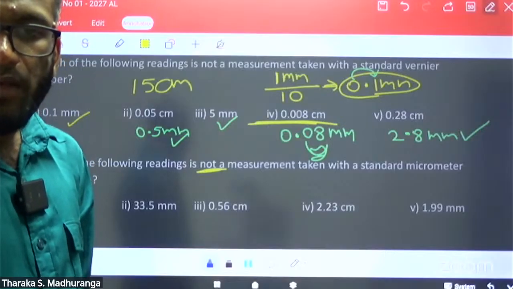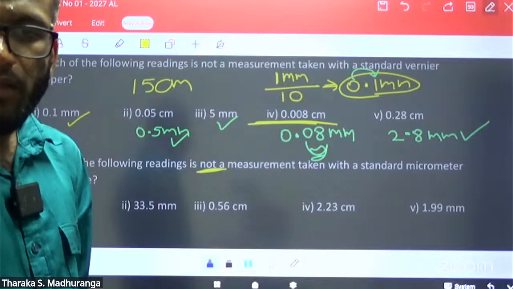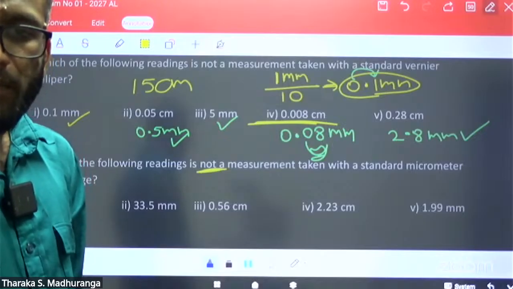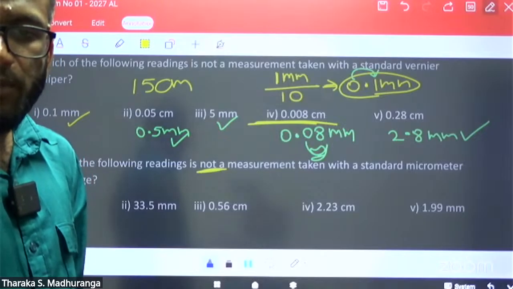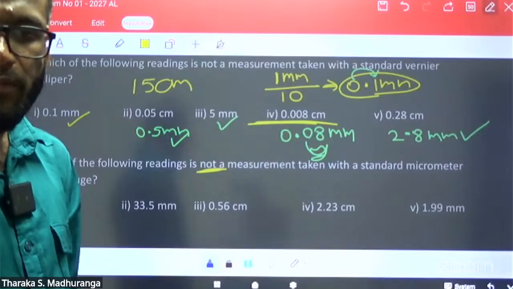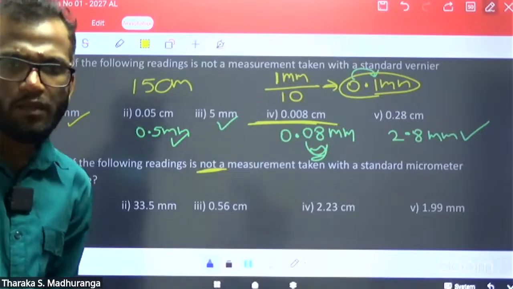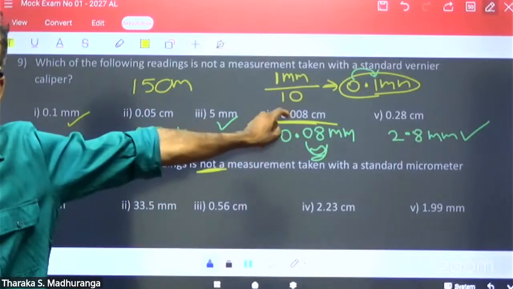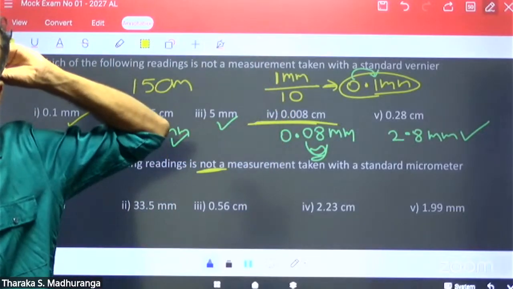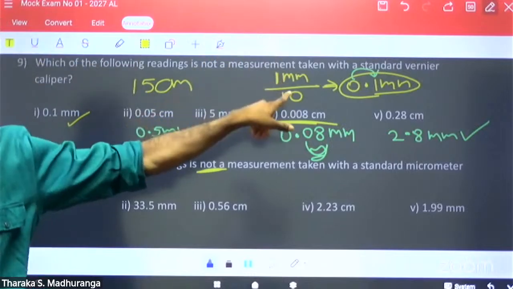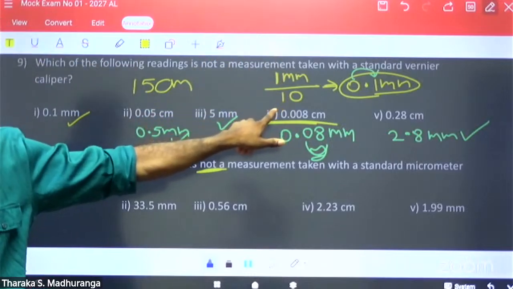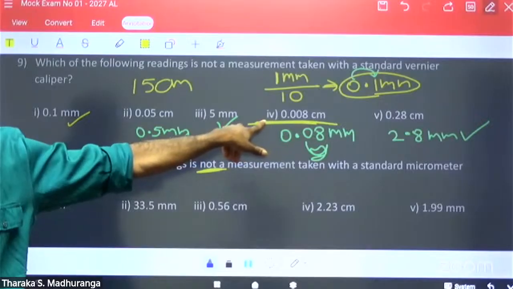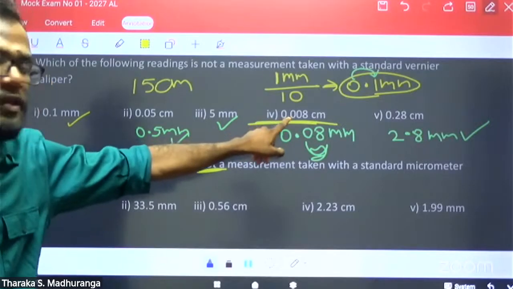Answer 3. Answer has 3 decimal points, right? Yes, it has 3 decimal points in centimeters.